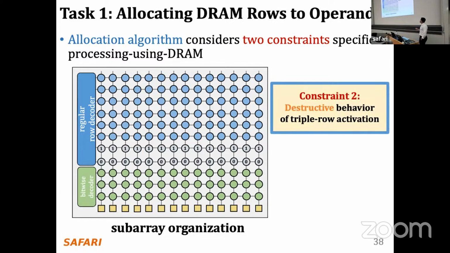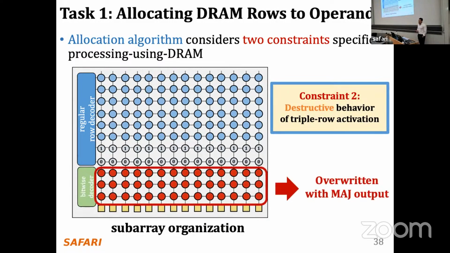The second constraint is more fundamental, and is the fact that when you do a triple row activation, this triple row activation is destructive. So if I activate the 3 DRAM cells doing a triple row activation, the data initially stored in those 3 DRAM cells is going to be simultaneously overwritten by the output of the majority. And this happens because when you do the triple activation, the DRAM cell is connected to the local bit line, right?